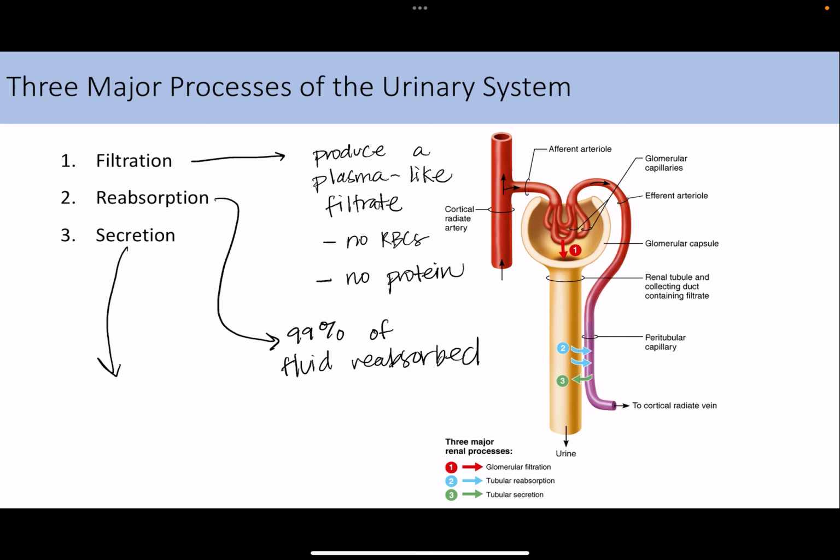So maybe there were things that were too big to fit through the fenestrations, but we don't want them in the blood. We want to get rid of them. So we'll secrete them out using the cells of the nephron to do it. So anything that didn't fit out through filtration that we do not want to keep will be secreted out at the last stage of urine formation. So secretion is getting rid of what we don't want.